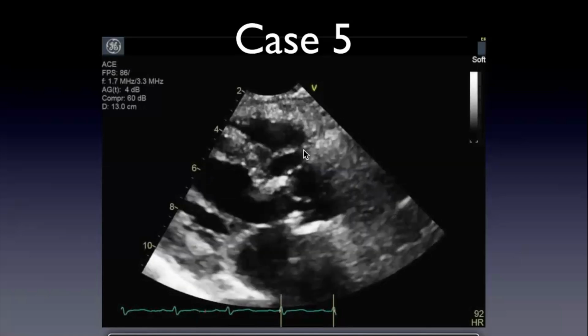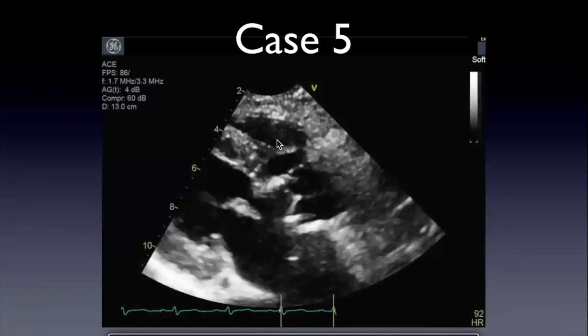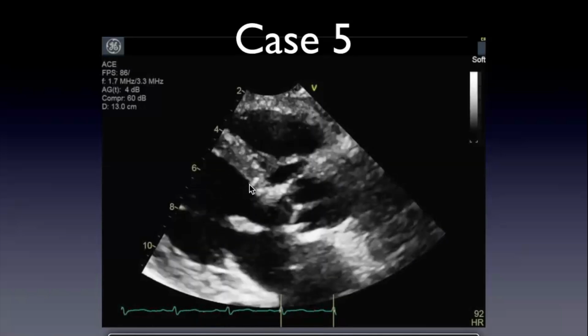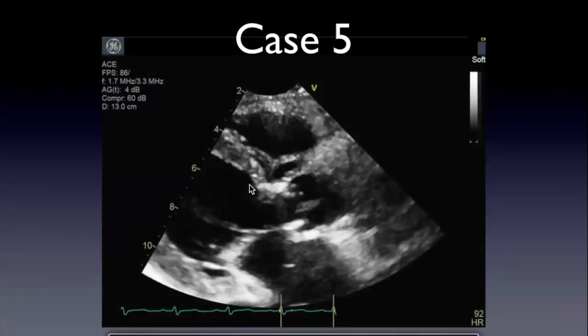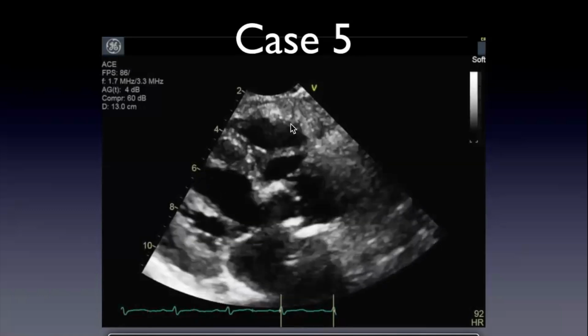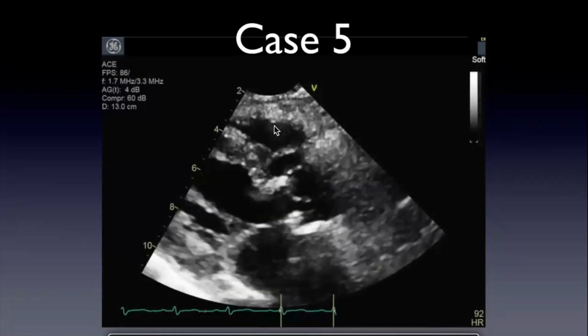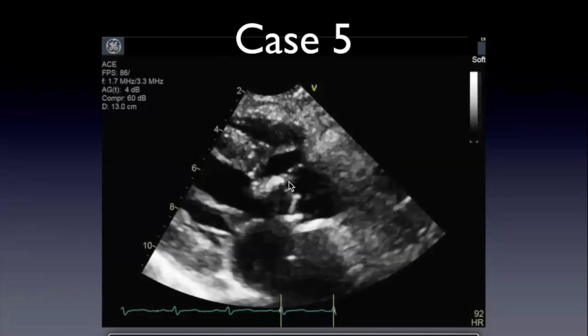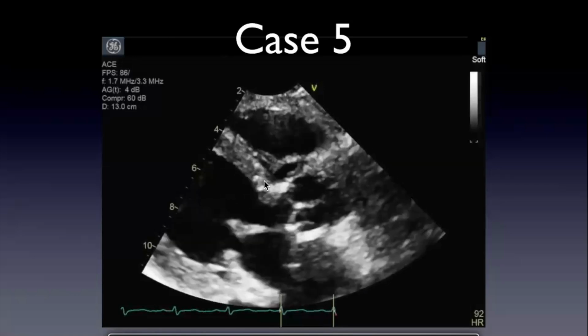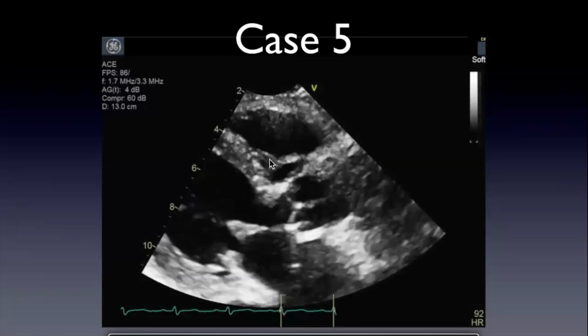So what's this, Jamie? So that's the RV here, RVOT. Yeah. There's a structure here that's anterior to the root and anterior to the basal septum. Do you see that here? Yeah.